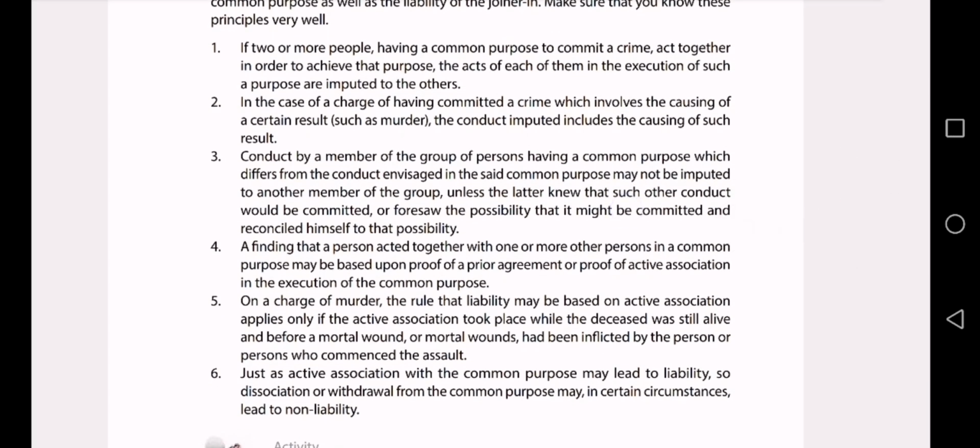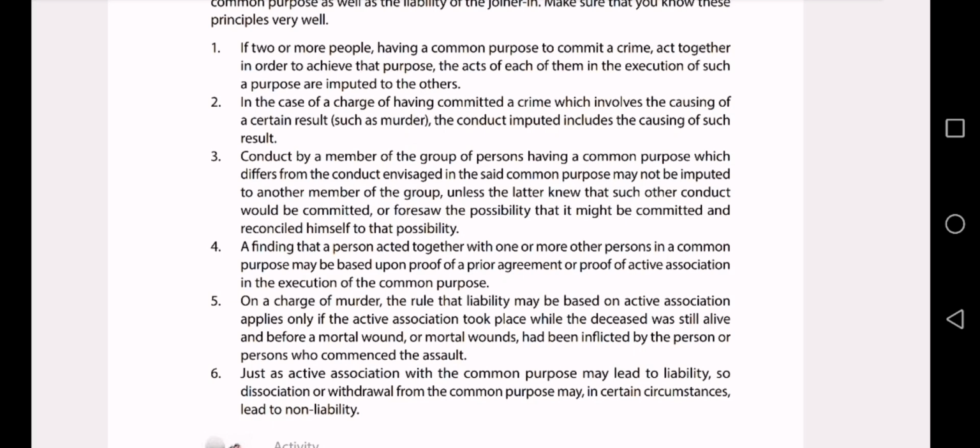Okay, let's go. If two or more people having a common purpose to commit a crime act together in order to achieve that purpose, the acts of each of them in the execution of such a purpose are imputed to the others.